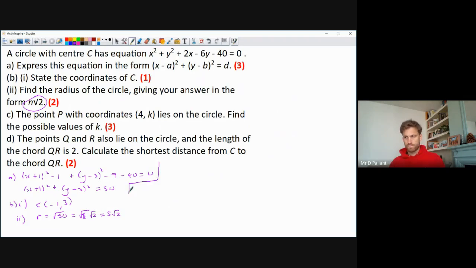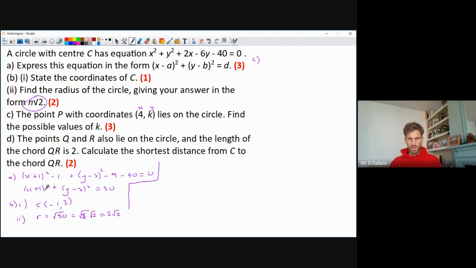This is the best bit. The point P with value 4, k lies on the circle. Find the value of k. Okay, well this is x and this is y. So if I substitute x and y into the equation, I'm going to do it straight into the completed square form, and that's going to be easier.